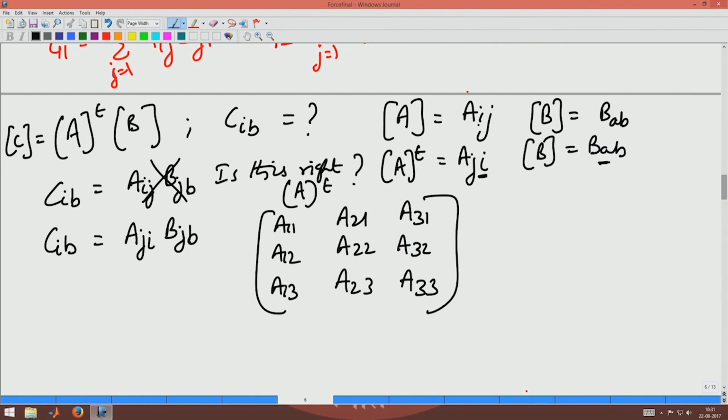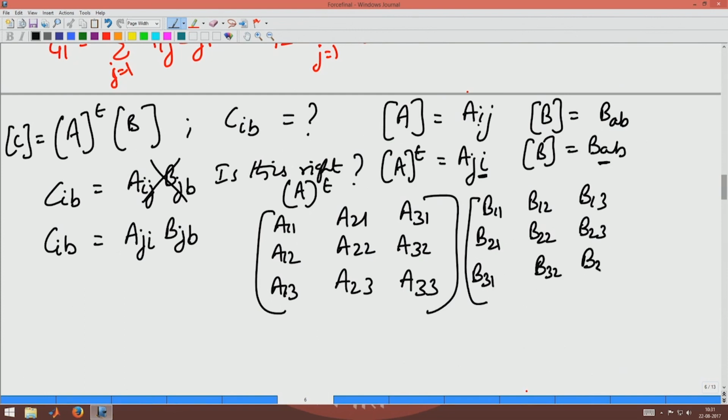Okay. This is multiplied by B, which will be B11, B12, B13, B21, B22, B23, B31, B32, B33.